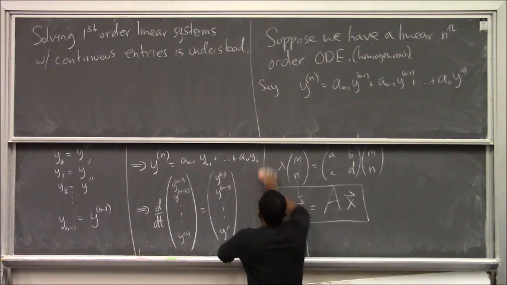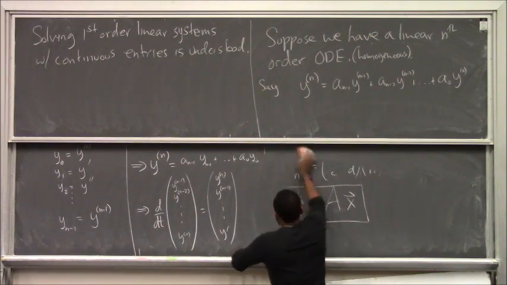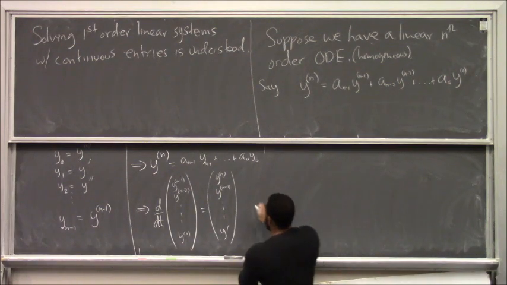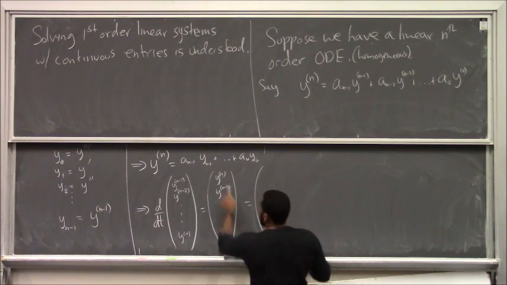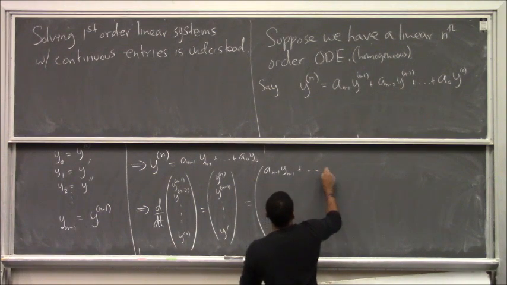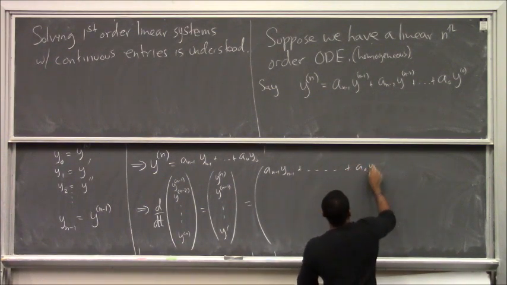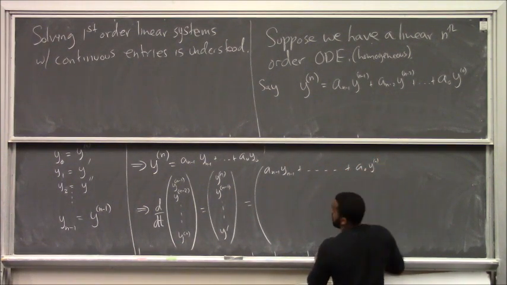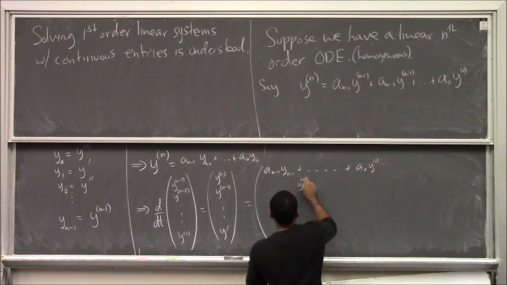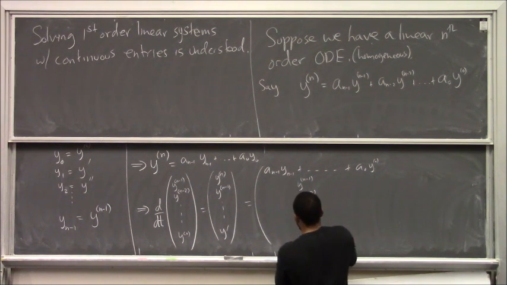Now, what does that actually do for us? In particular, the y to the n is that whole thing, and then these guys I just take to be themselves. So down here I have the y to the n minus 1, the y to the n minus 2, all the way down to the y prime.